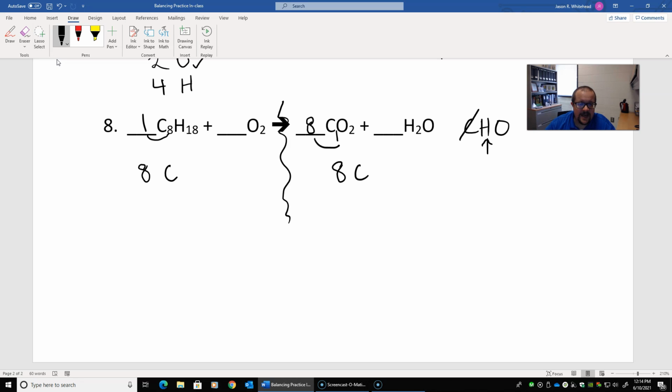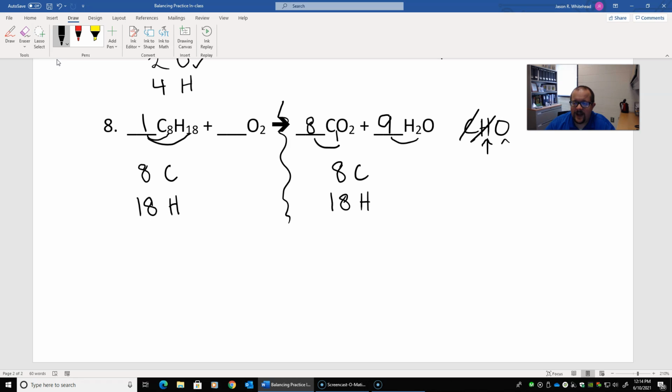On the left-hand side, we have H18. 1 times 18 gives me my 18 H's. So over here on the right, the product side, to get 18 H's, I can put a 9, because 9 times 2 is 18. So my H's are checked off.